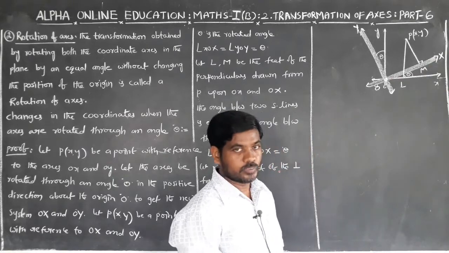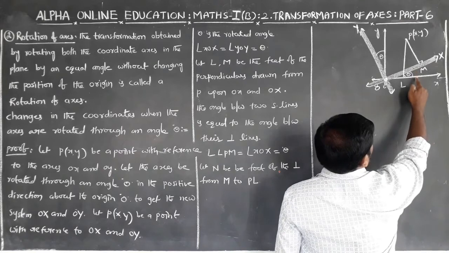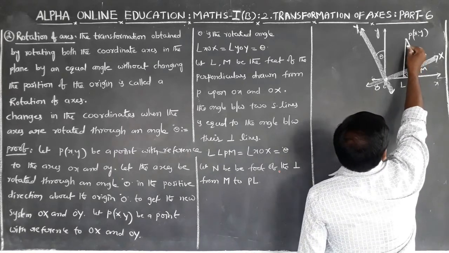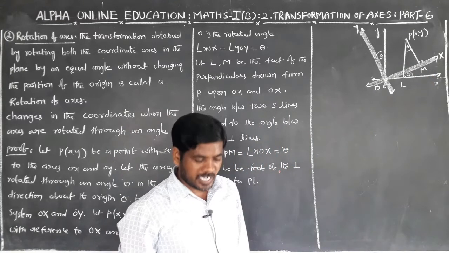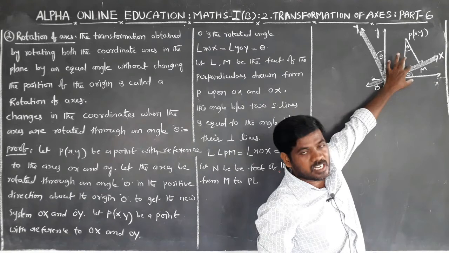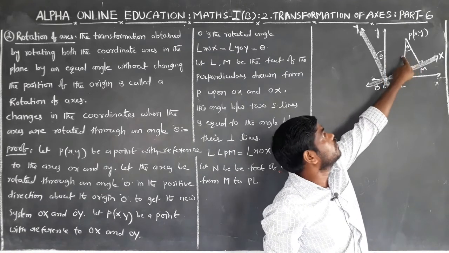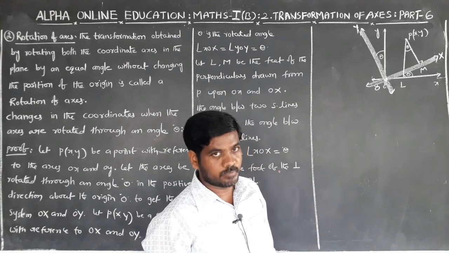The angle between the two straight lines is equal to the angle between the two perpendiculars.